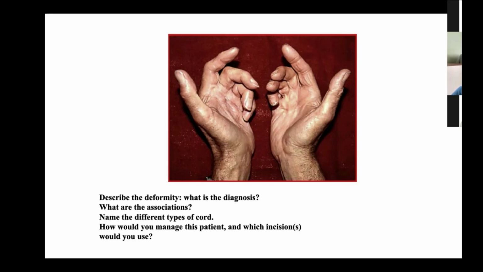So then I will assess the cords: abductor digiti minimi, musculotendinous, spiral, as well as natatory cord in the web space between the little and ring finger. I will check also whether there is a commissural cord in the web space of the thumb.